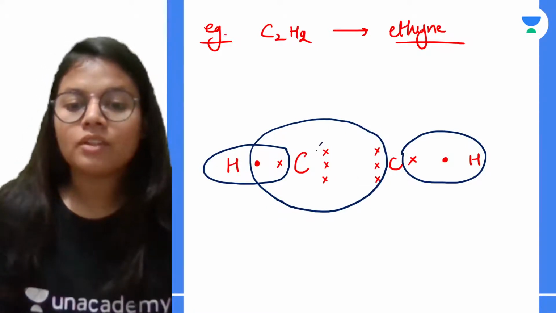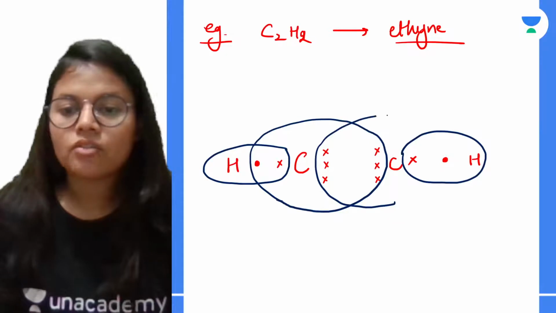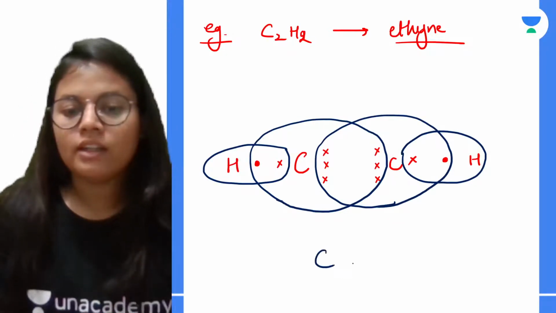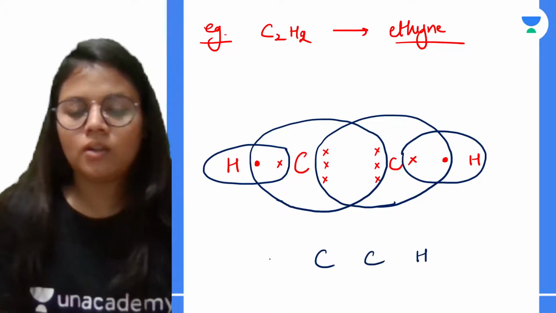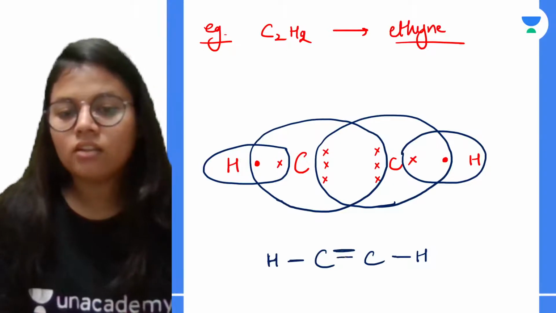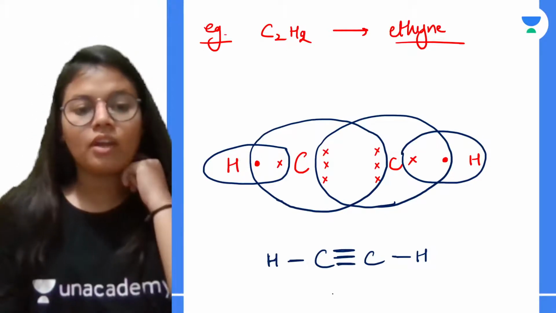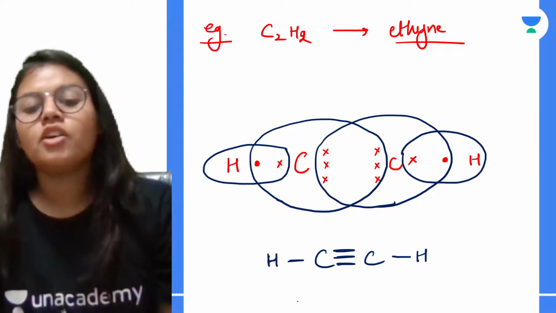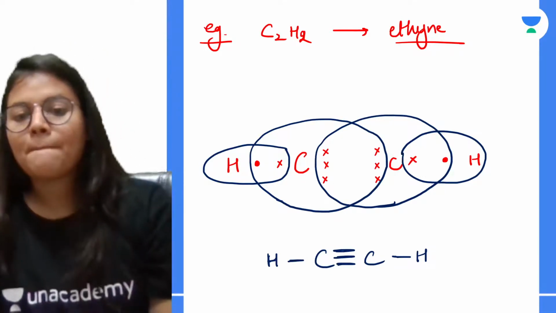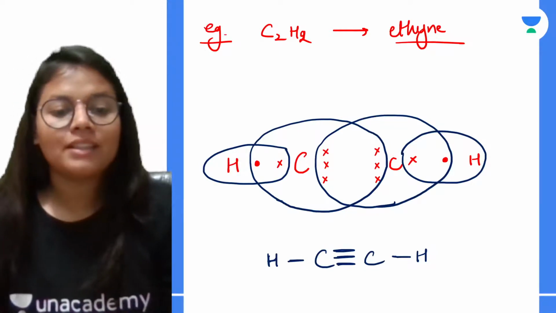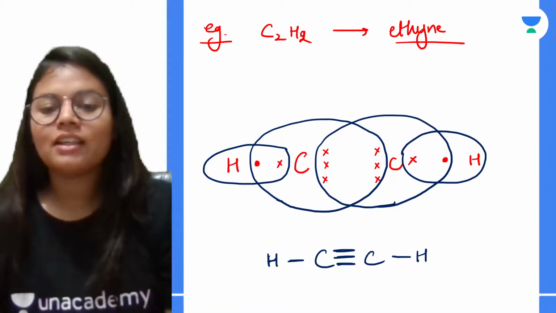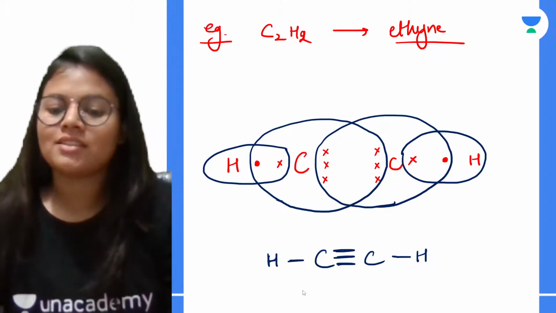And same will happen with this carbon, so it will be taking 1 from hydrogen and 3 from another carbon, and this will lead to formation of the bond which we can show in this way. यहाँ एक bond and यहाँ 3 bond. Okay, so this is how we go for showing the bonding which is formed in ethyne. Okay, so I hope that this thing is very much clear to you. If you have not understood any single thing, students, you can please let me know, you can ask me.